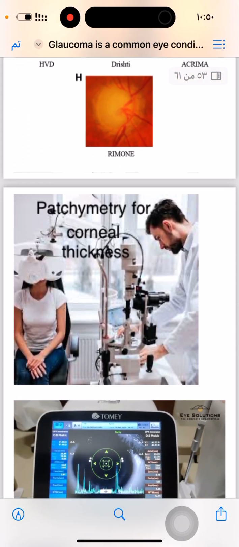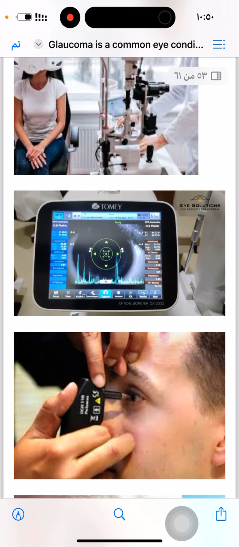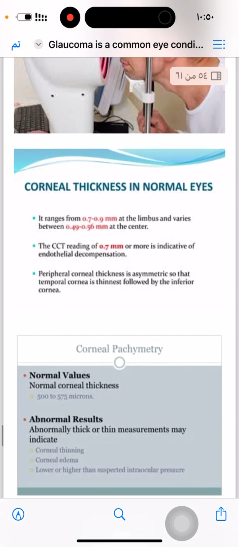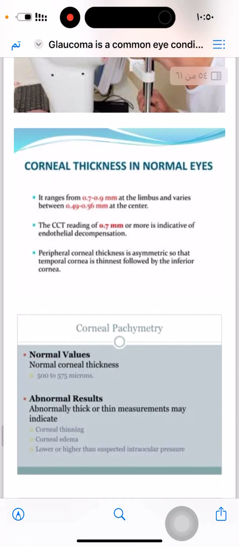Another device is pachymetry for corneal thickness. We see the eye as with ultrasound, but it is not ultrasound. It is just to examine the corneal thickness, because in glaucoma there is an increase in corneal thickness, or maybe thin.